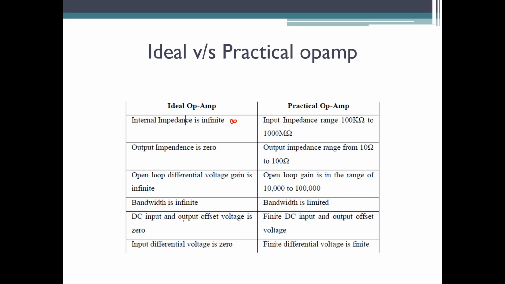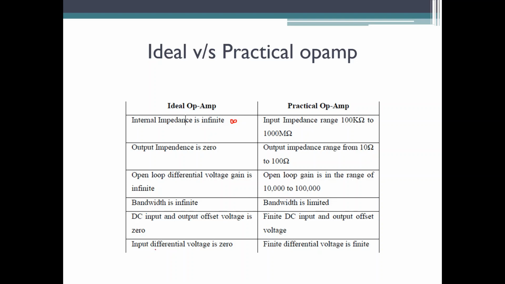Similarly, output offset voltage is the output voltage obtained from the op-amp when the input is grounded. This is the definition of your DC input and output offset voltage. We expect both the offset voltages to be 0, but practically they have some finite values.